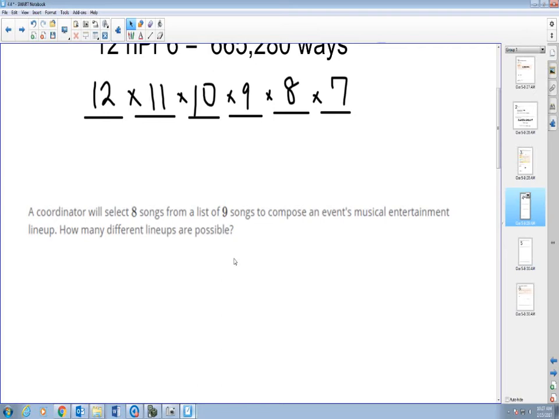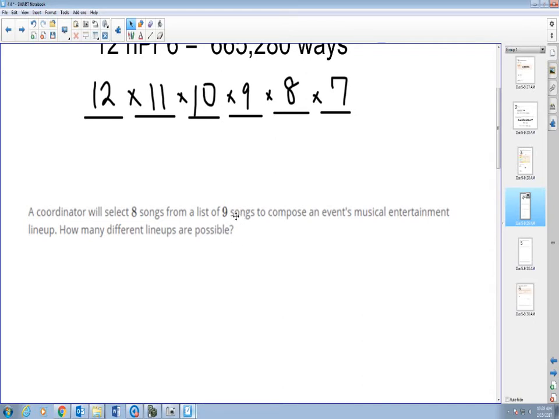Actually, it does matter. It matters which song you want to play first, because most of the time when people do these musical entertainments or concerts, they already pre-select the group of songs they're gonna play, and which one they're gonna play first, second, and which one they're gonna play last. So the order actually matters. They don't just randomly say, oh man, I got 9 songs, I'm gonna just randomly select which song I want to play first.